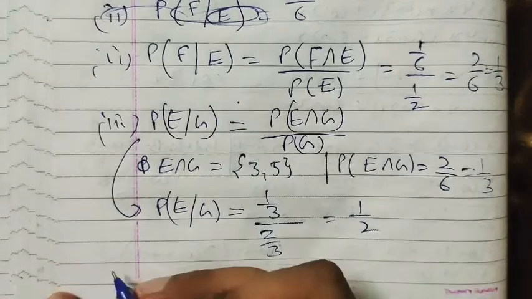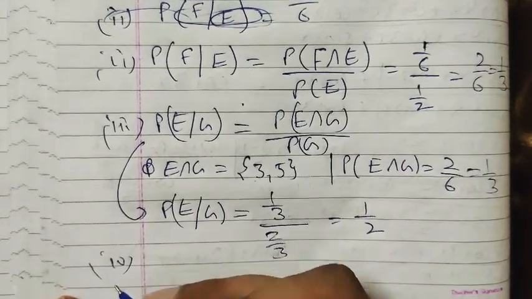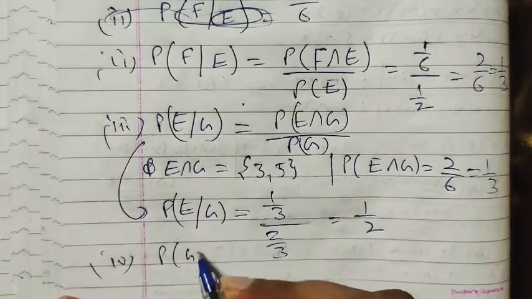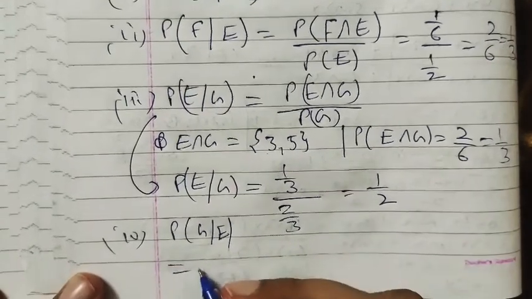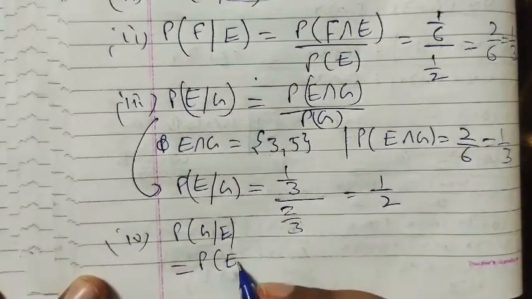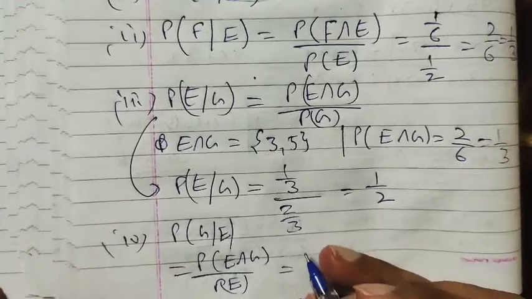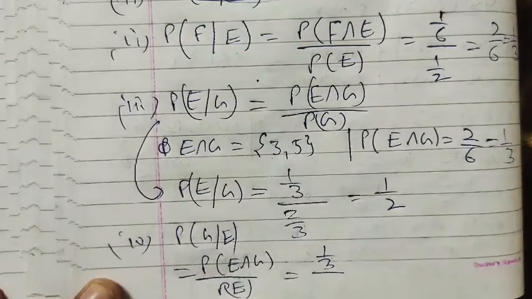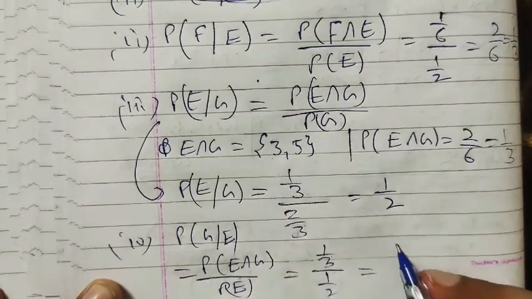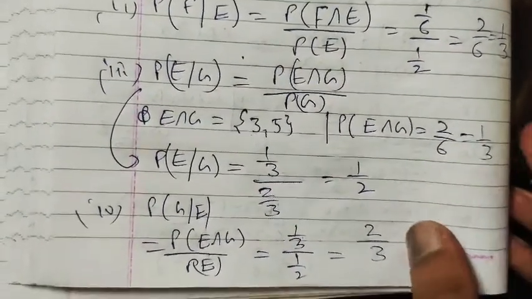Fourth part, we have to determine probability of G given E. Again the formula is the same: probability of E intersection G upon probability of E. So 1 by 3 upon 1 by 2, so the answer is 2 upon 3, right?